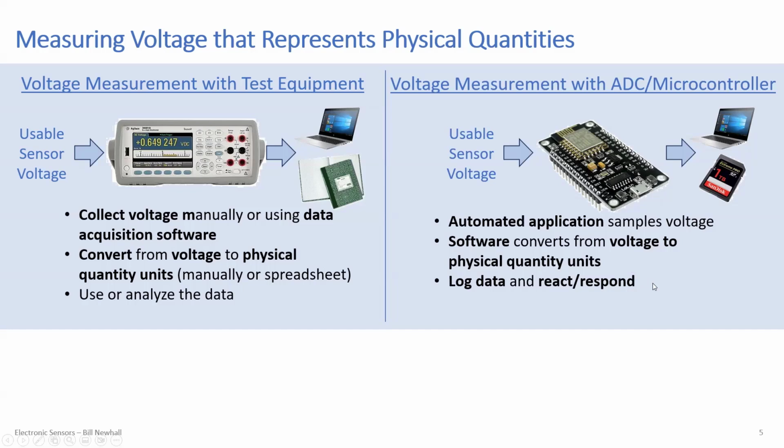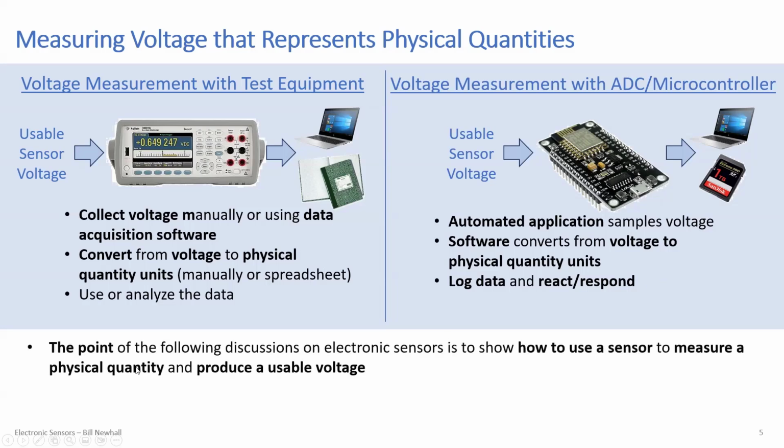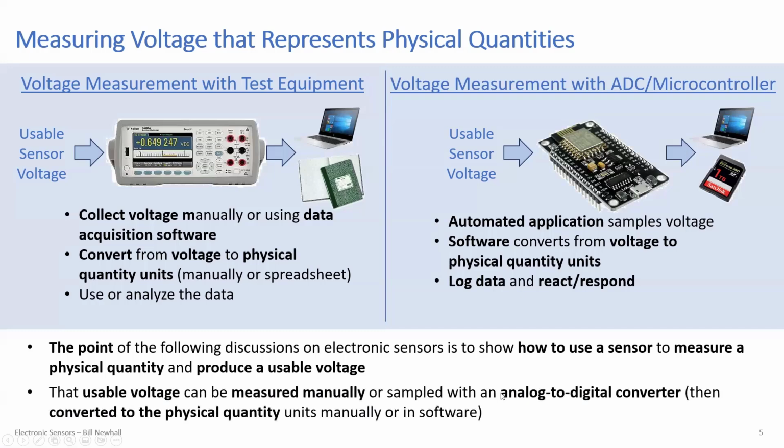Right? So the point of the following topics is to show how to use the sensor and measure a physical quantity and produce a usable voltage so that you can do that conversion to the physical quantity units. Okay. And you've seen that in lab.